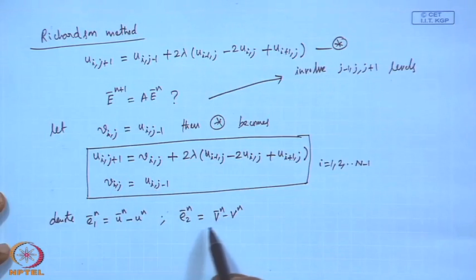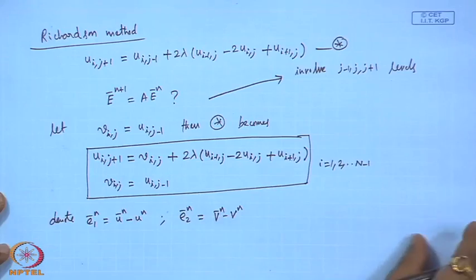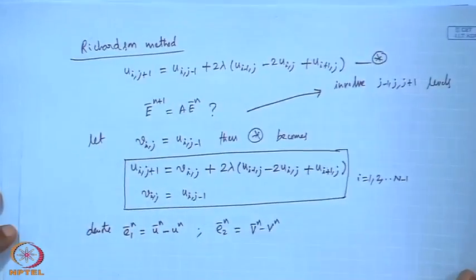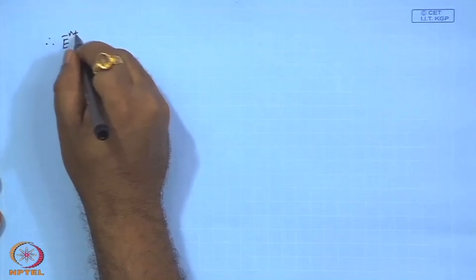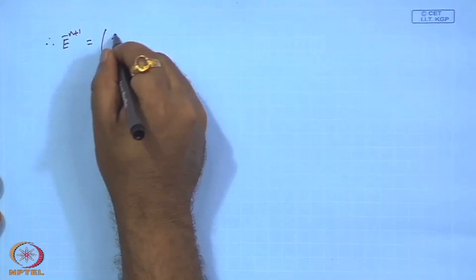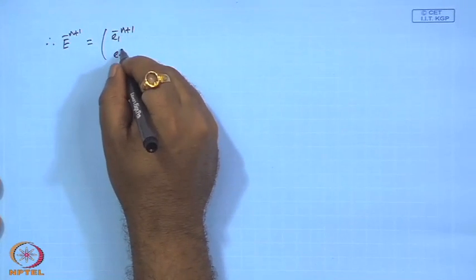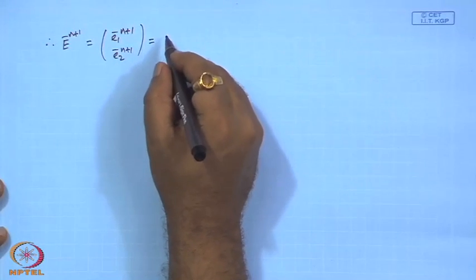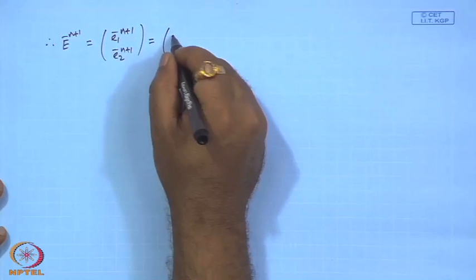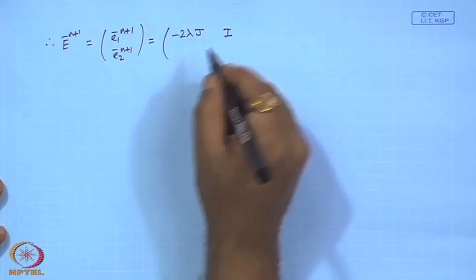Since we have a v, we get a corresponding error, and we have u, this is the corresponding error. So, this reduces to, this will be minus 2 lambda j i.